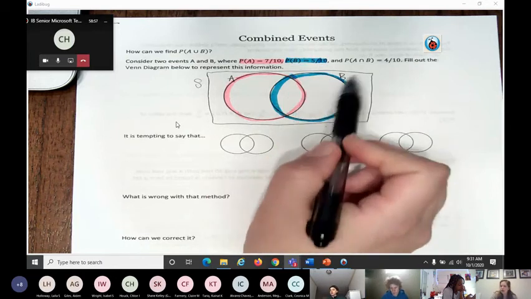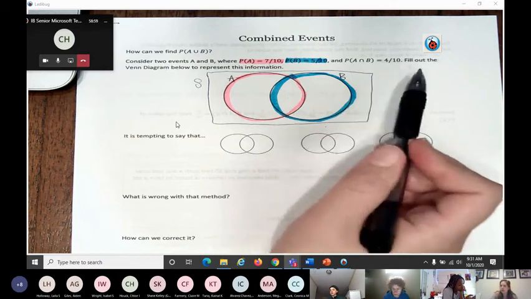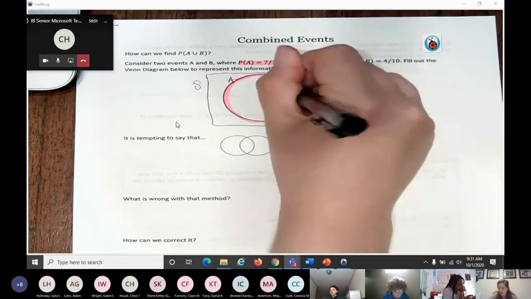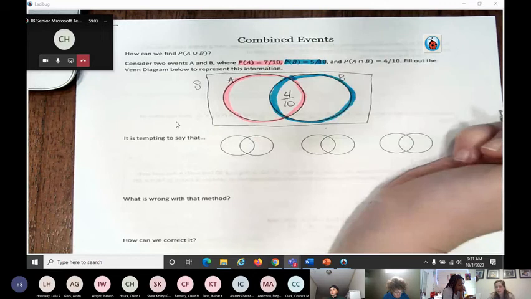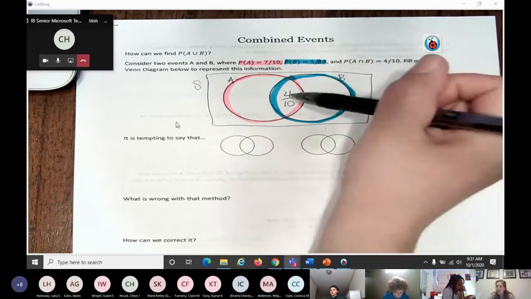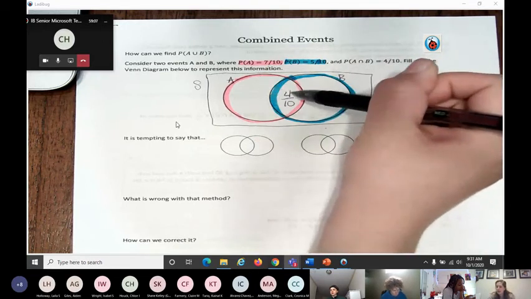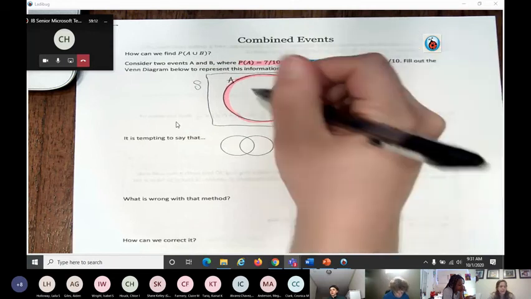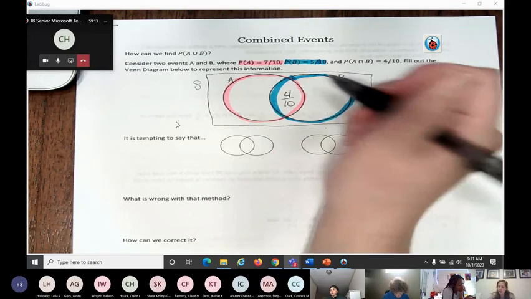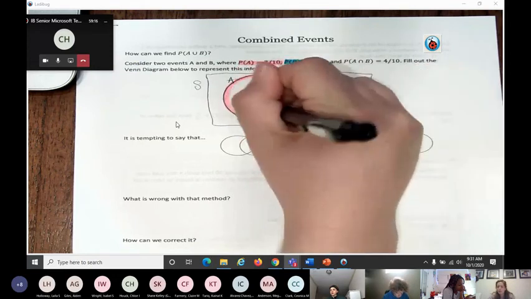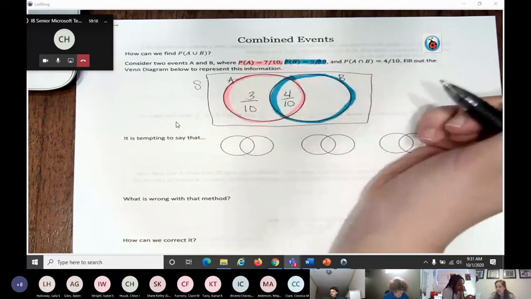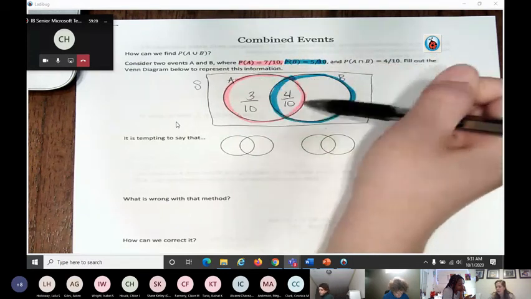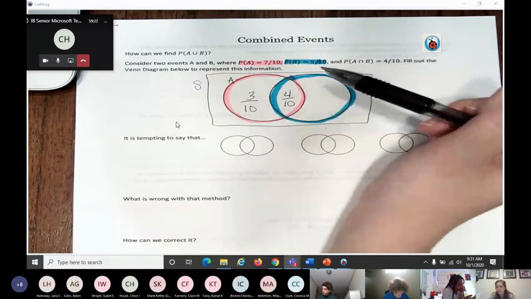It's wise to start off with the intersection, because we know that the intersection has to be 4 out of 10. Now we have to add something to 4 out of 10 to make this whole pink circle 7 out of 10. So 4 plus 3 is going to give me that 7. So I put my 3 out of 10 there, giving us a total of 7 out of 10 for this whole probability.